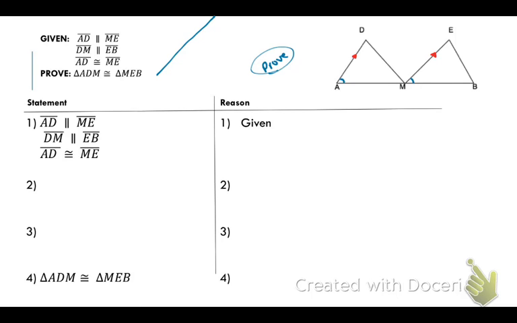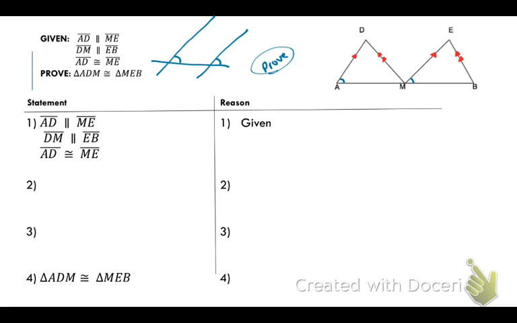And the reason I can do that is because they're corresponding angles. Now, if you can't see this, I want you to draw this off to the side without all of the other stuff. Just draw your two parallel sides, AD and ME, and your transversal AB, and you can see that angle A and angle EMB are corresponding angles.